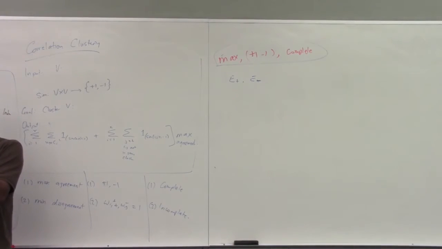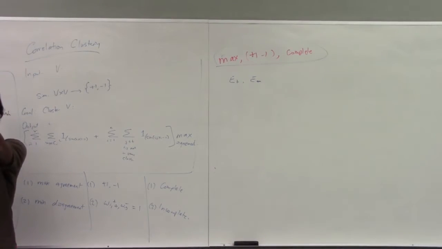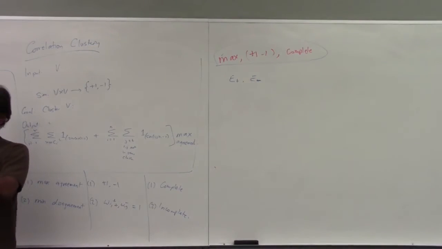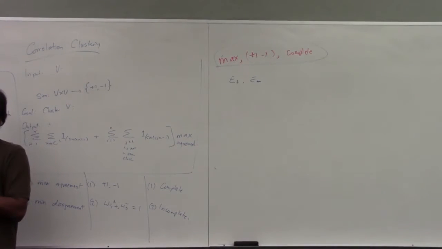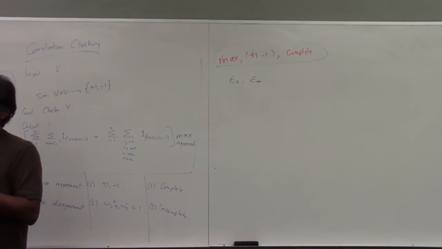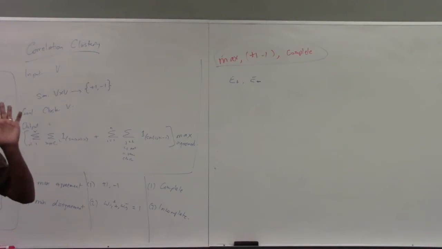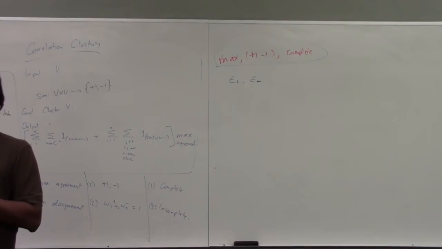Because what happens when this vertex had a negative edge to something and that one had a positive edge to the same thing? When I collapse, what do I do with that edge? Do I keep it positive or negative? Or do I make it 0, in which case now I don't need to handle 0 edges? What do I do then? They cancel each other out. So you get 0? So you remove the edge, what do you do then?